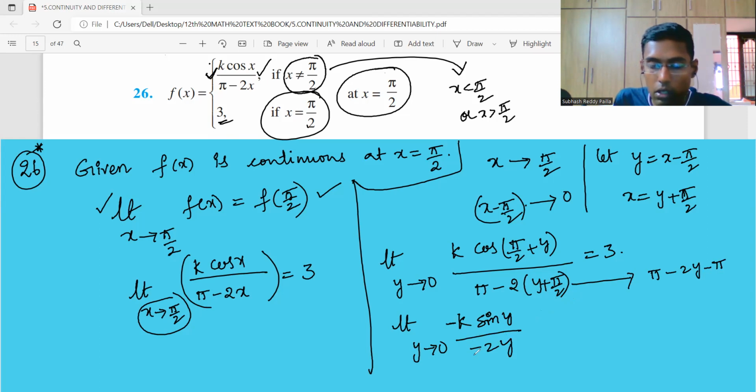So the minus signs cancel off, and whatever is left is your answer: k by 2, because sin y by y as y tends to 0 is 1.